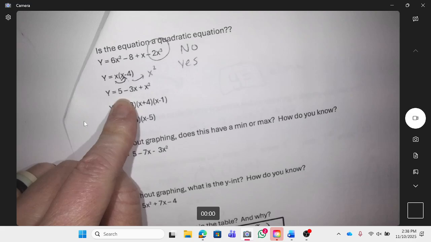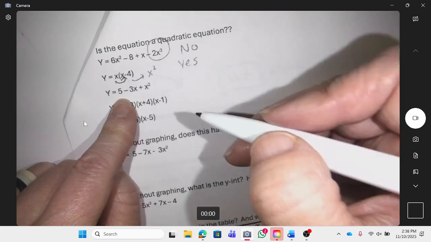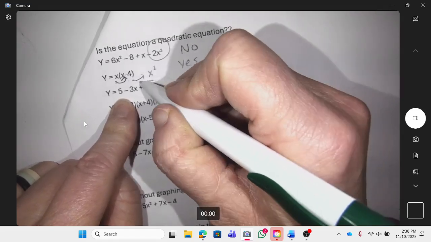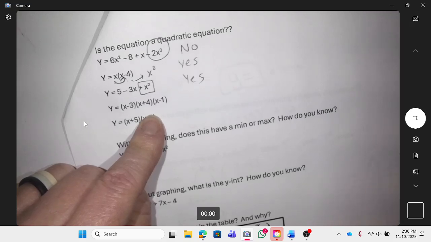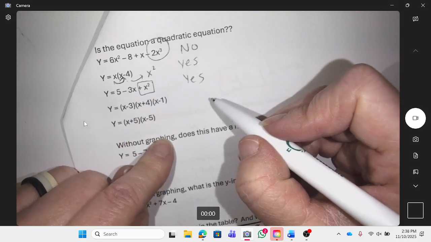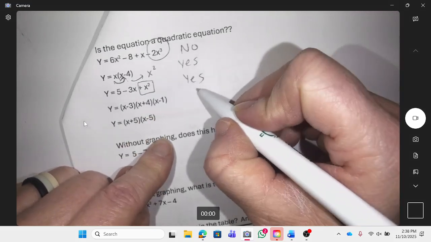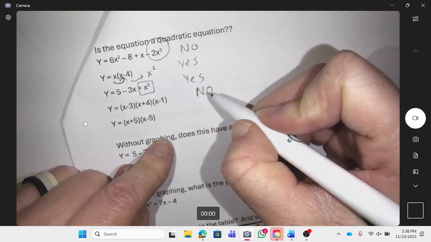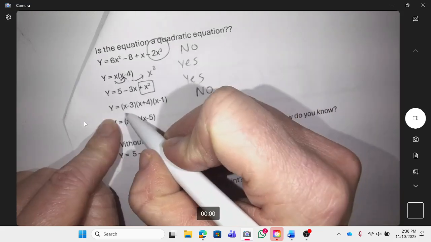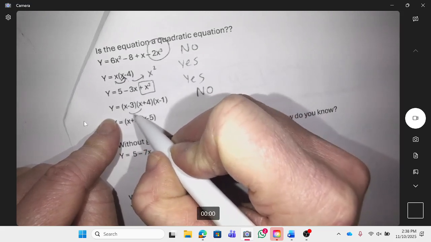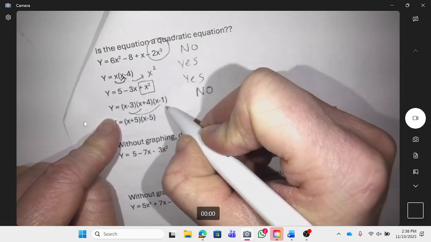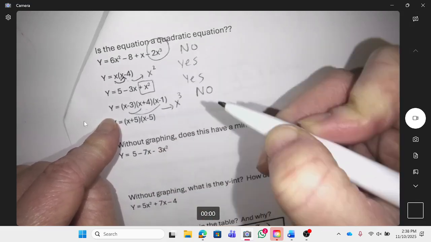Question 3, yes or no? Yes. I see an x squared. I don't see any more. Next one, what do you think? Yes or no? No? What's the reasoning? 3 x's getting multiplied will produce, if you multiply, it will produce a x cube.